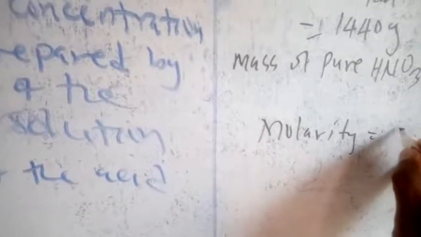Molarity is equal to the mass in grams per liter divided by the RFM.